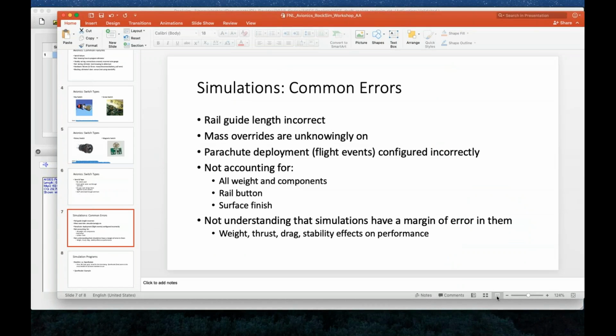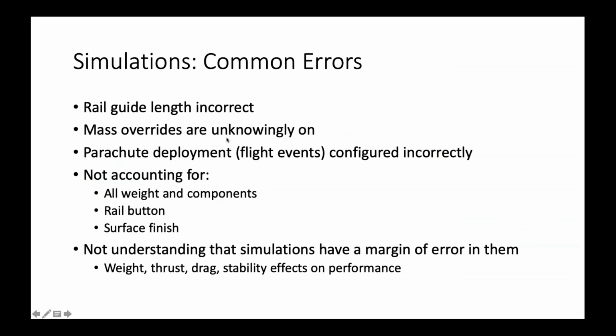The next one I wanted to highlight was mass overrides. That's a function of both OpenRocket and RockSim. RockSim, for example, has a database of different components. So if you want to look up your parachute that you bought commercially, you could find it in their database.